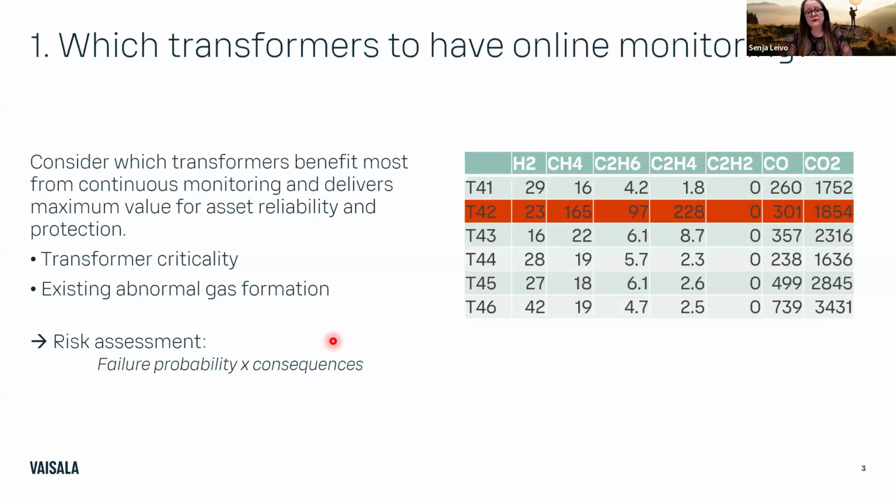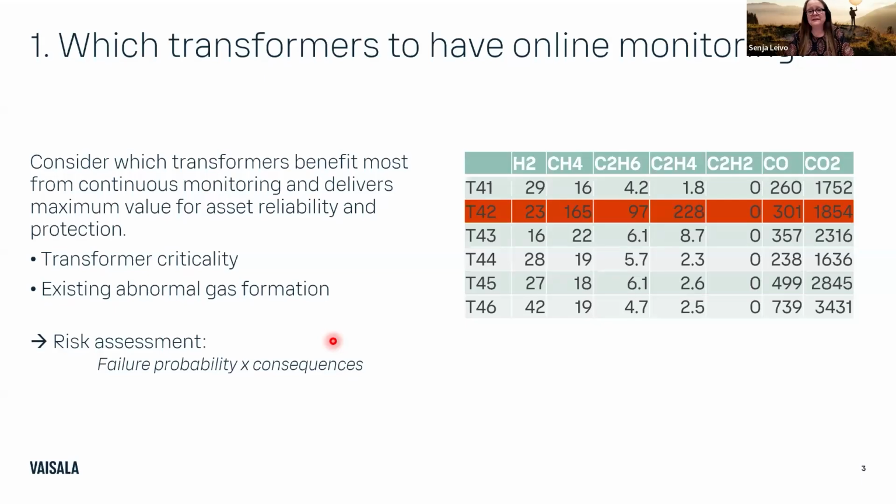And the other way to look at this is to see the fleet and consider if there is a group of transformers in the fleet that has relatively similar use, loading, ambient conditions, etc., even about the same age. Then look at how these transformers relate to each other.